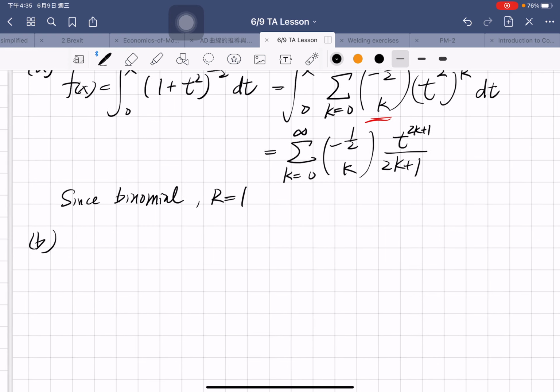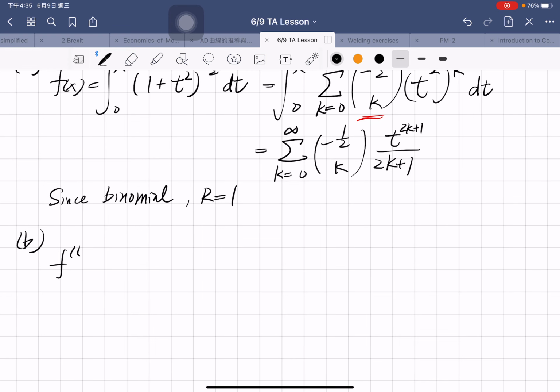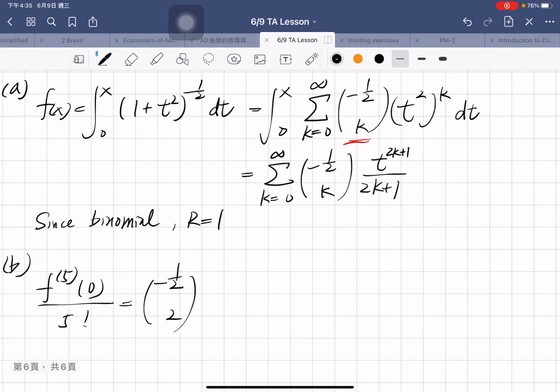So from the definition, we know that f with fifth time derivative will be subtracted by 5 factorial, and it will be minus 1/2 choose 2, and times, because our k now equals 2, because we want the fifth time derivative.